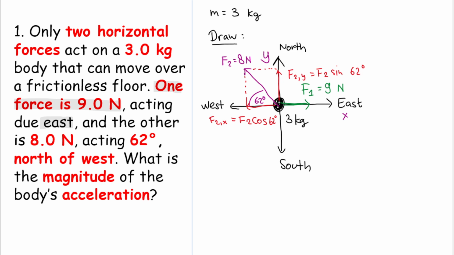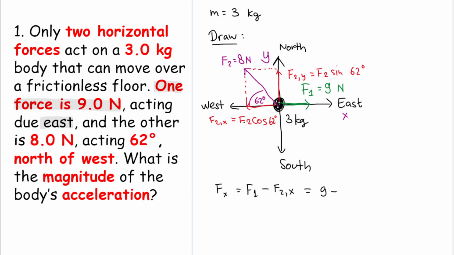Now, the force that works in the y direction and x direction can be calculated, right? So we will have the F on the x direction. Maybe let's write it with F1 first. So I'll have F1 here because it's already on the x direction, and I will have F2 comma x like this. Let's plug that in. F1 is 9 Newton.